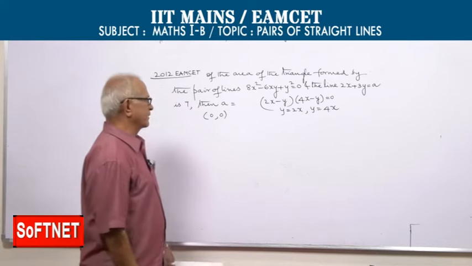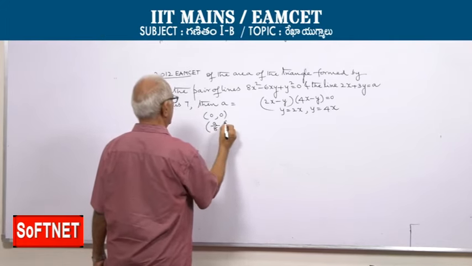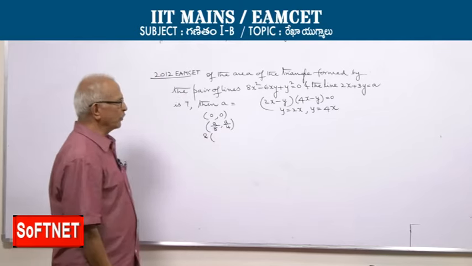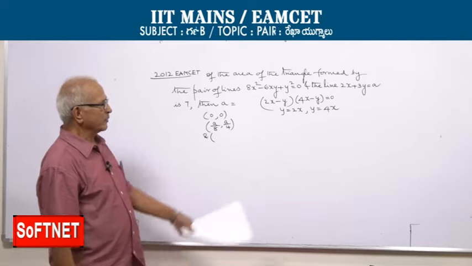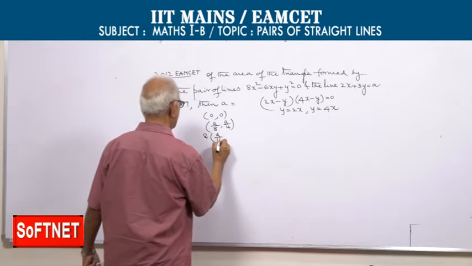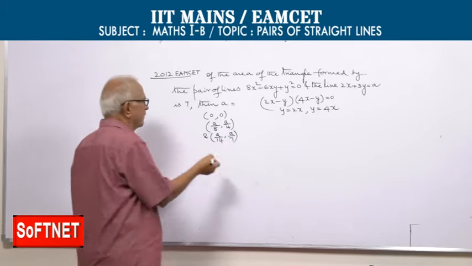When y equal to 2x, x is a by 8, y is a by 4. When y equal to 4x, 4x means 12x plus 2x, 14x equal to a, so x equal to a by 14 and y equal to 4a by 14, 2a by 7. So these are the three vertices.